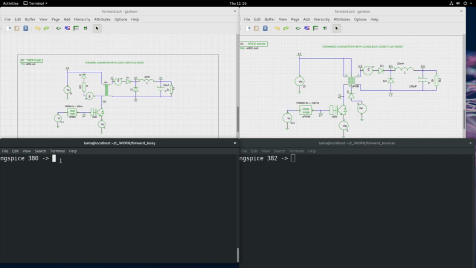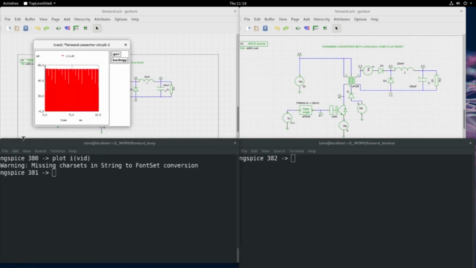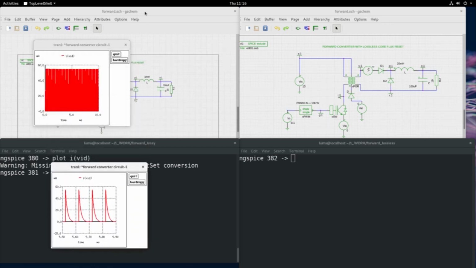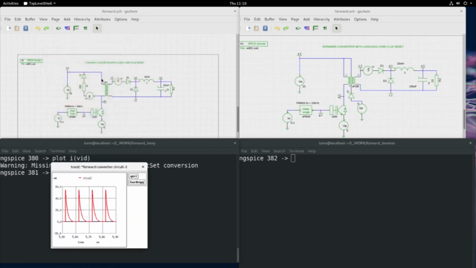So let us see the plots of the demagnetizing current IVID in both the cases. So this is the demagnetizing current of, let me take a very small portion so that we will be able to see the exponential fall of the demagnetizing current, and this is mainly due to the L by R time constant in this freewheeling path.